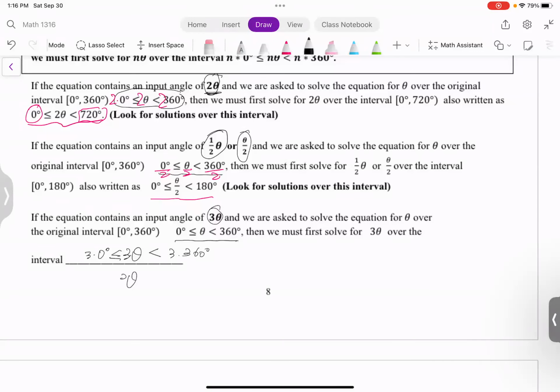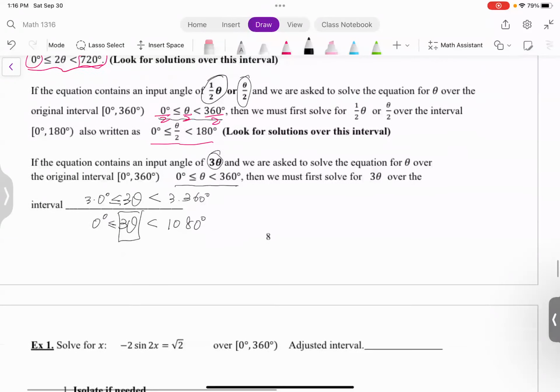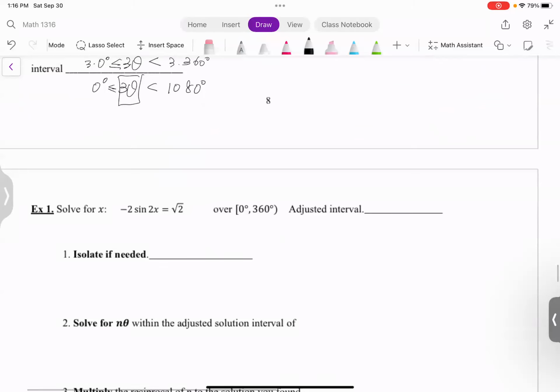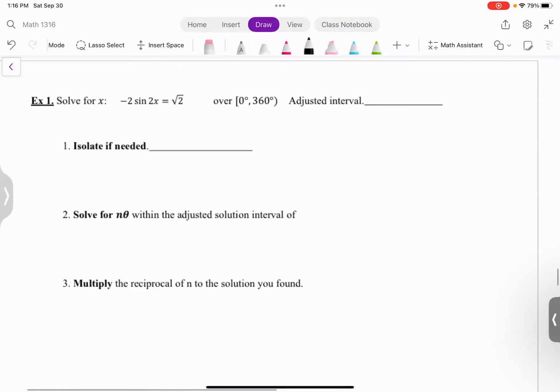So 3 theta is bounded between 0 degrees and 1080 degrees. So let's first find the interval of 3 theta, and later we find the angle theta.